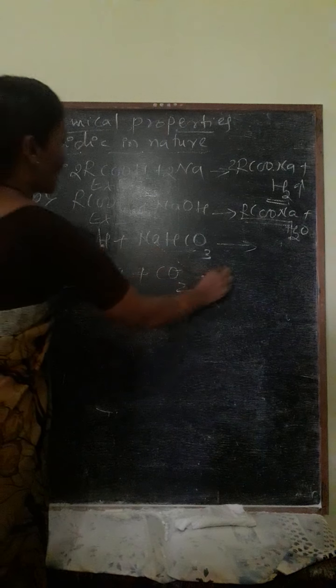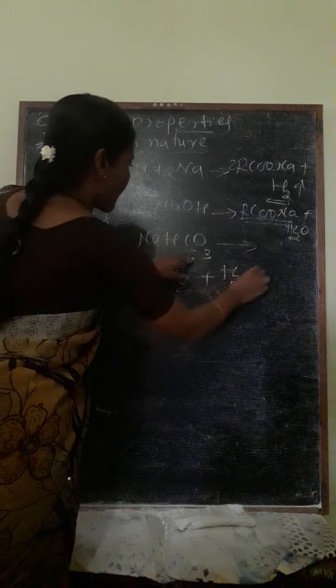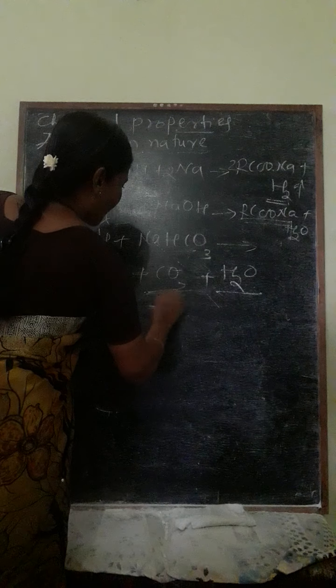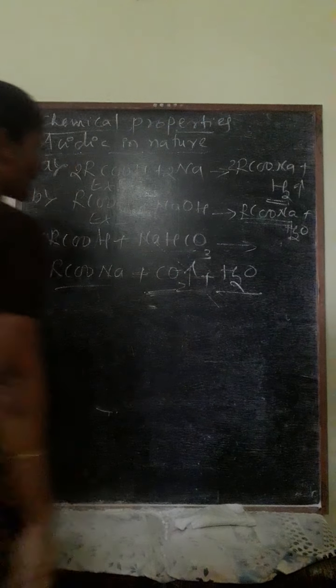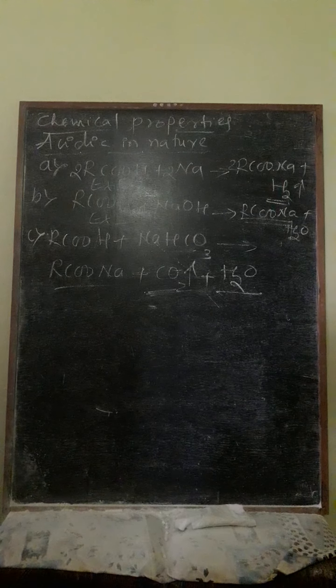H and H means H2, with one oxygen together it becomes H2O. Now the main concept is the liberation of carbon dioxide. So like that these are acidic in nature.